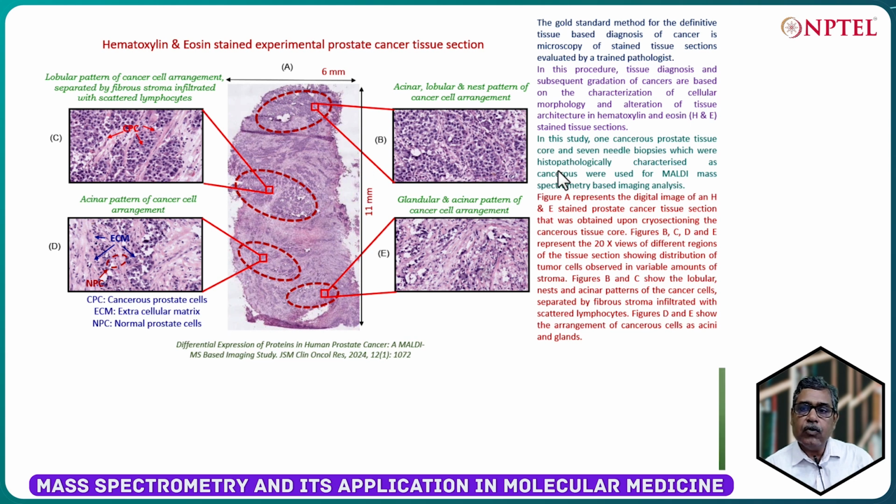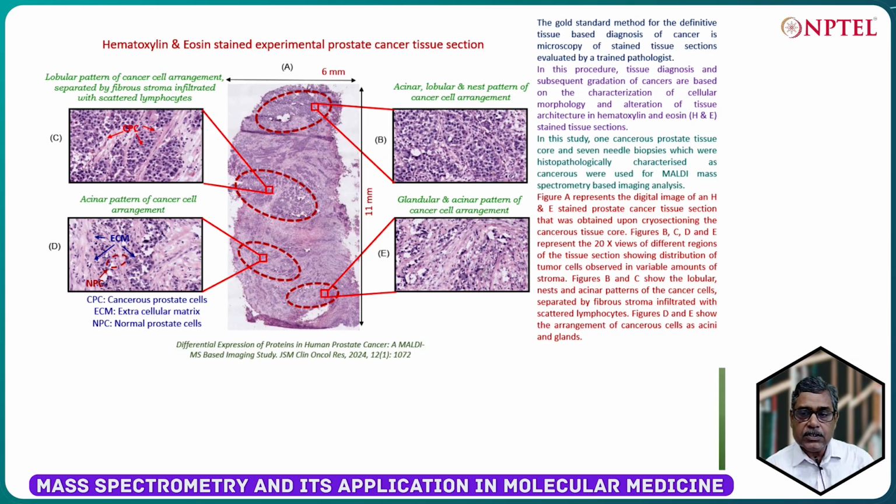So, the gold standard method for the definitive tissue based diagnosis of cancer is still microscopy of a stained tissue section read by a trained pathologist. In this diagnosis procedure, subsequent gradation of cancer, based on the characterization of cellular morphology and alteration of tissue architecture in the H&E stained tissue section, is done, and that is the skill of a pathologist.